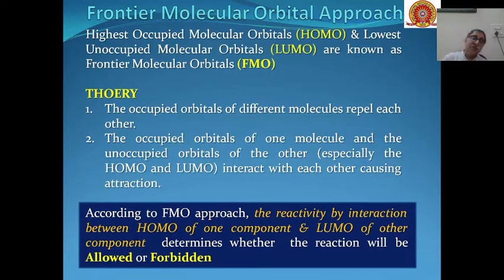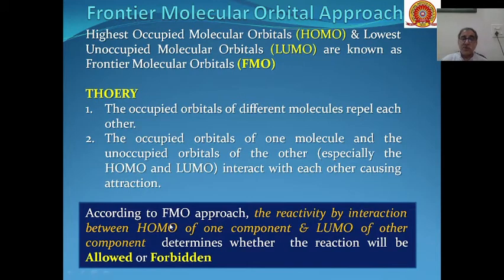So here theory is that occupied orbitals of different molecules, they repel each other. The occupied orbitals of one molecule and unoccupied orbitals of the other, that is HOMO and LUMO, they interact with each other, causing the attraction, and this attraction will lead to the formation of the product.